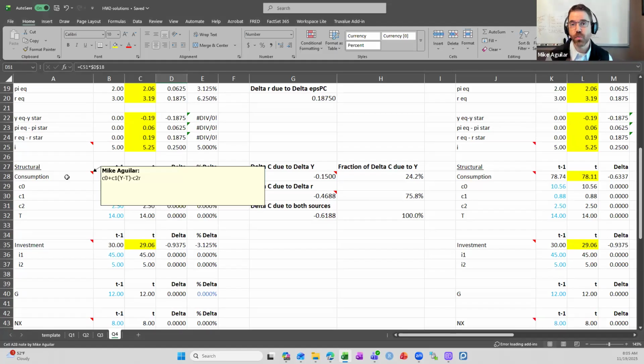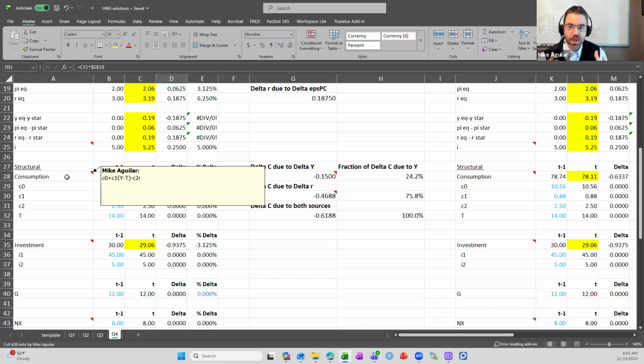C1 is right in front of Y minus T, income minus taxes, disposable income. So if it's right in front of disposable income, consumption is equal to some stuff, including disposable income. If disposable income goes up, look, there's a positive sign in front of C1, means that as disposable income goes up, consumption goes up by how much?